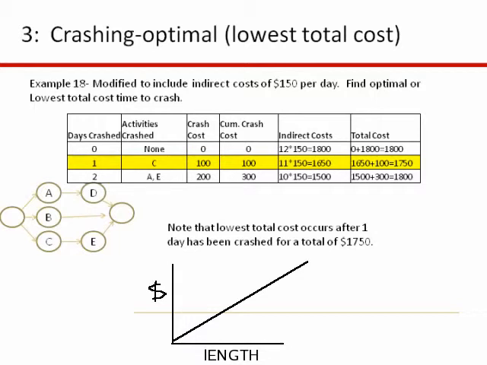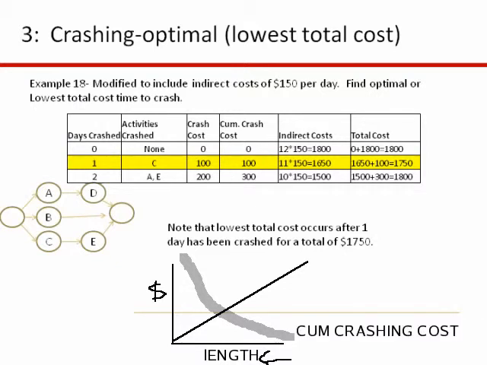All right, now you can try to save money by shortening the length of the project, right? So if you shorten it, you're going to save indirect costs, but when you shorten it, now you're going to spend crashing costs. All right, so this bottom line here is the cumulative crashing cost, and then this top one up here is the indirect cost.